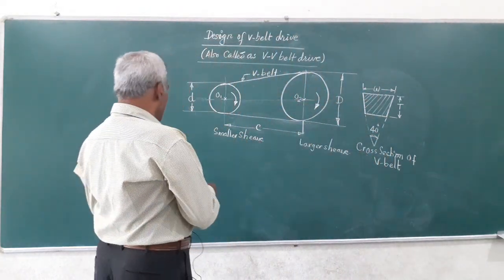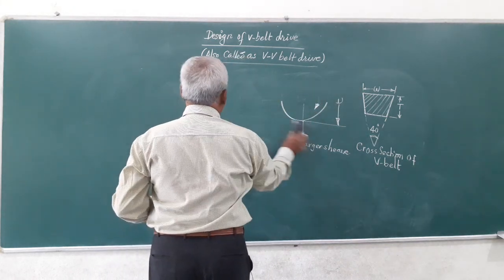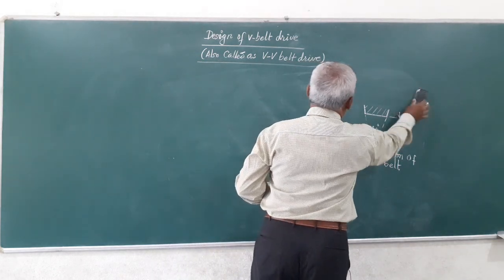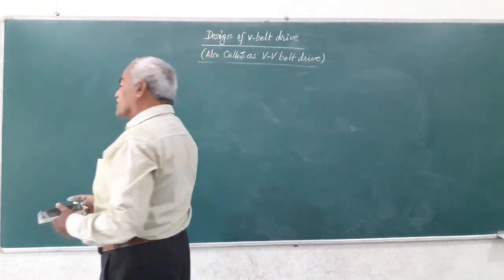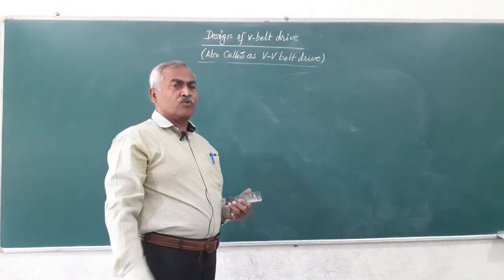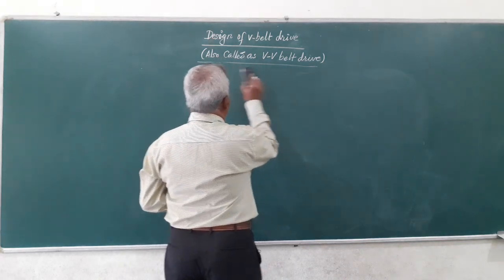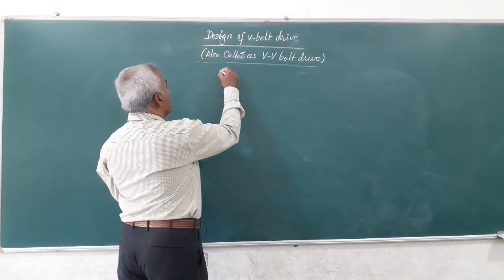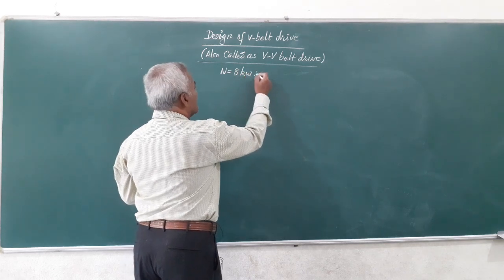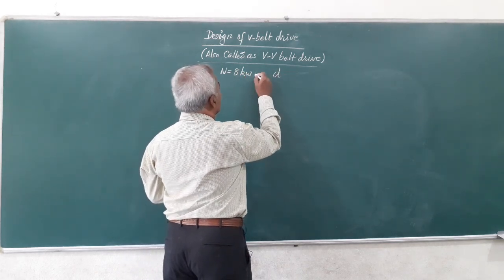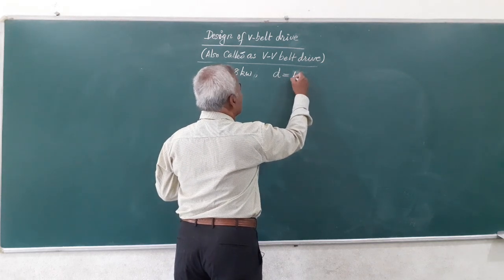So friends, here in the design of this V belt drive, I am going to take up a simple example wherein both the speeds of the driver and driven pulley are given and also given is the power to be transmitted. So let me say you have this data: power P to be transmitted is 8 kilowatts, and the diameter of the smaller pulley is equal to 100 millimeter.